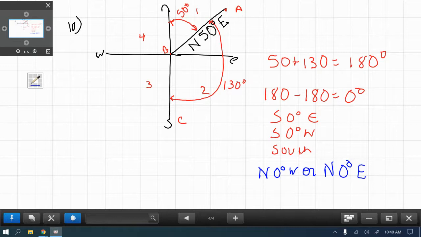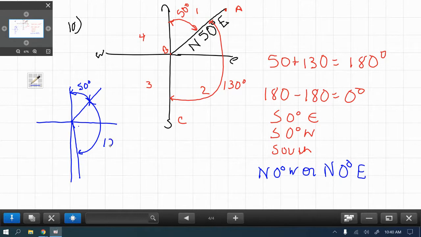So what if this is still 50 and... I normally draw the scale, but we're going to see what would I do right here?